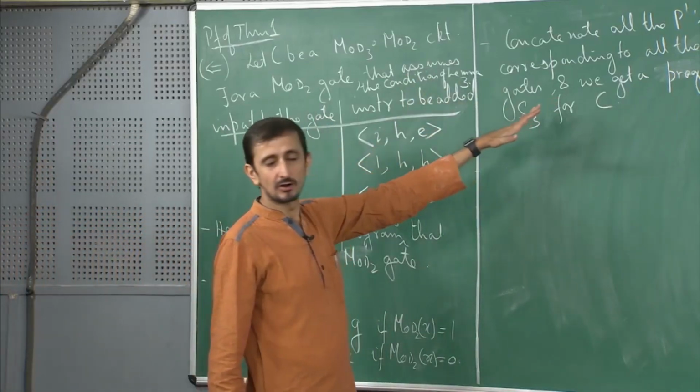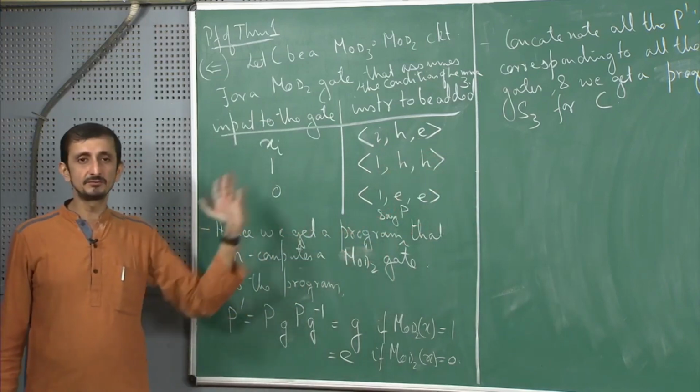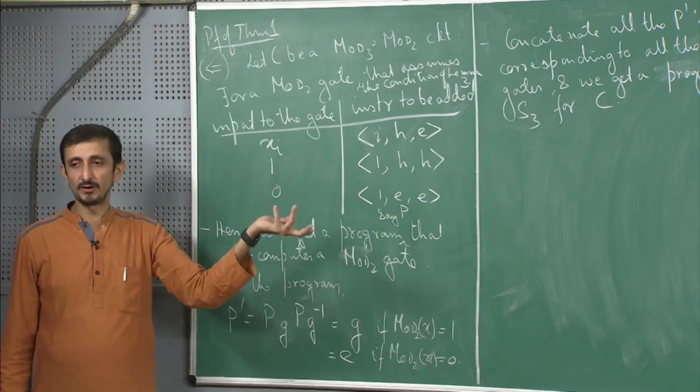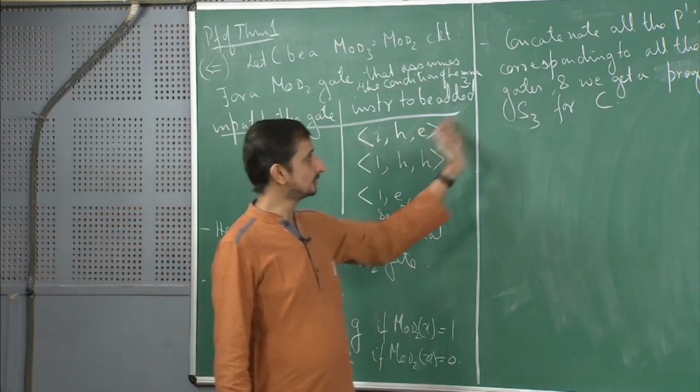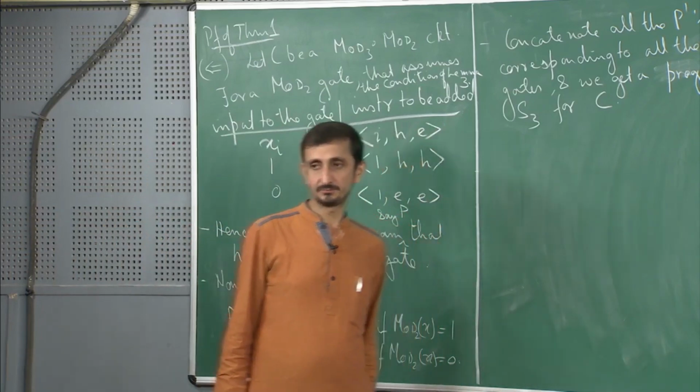Now, we just concatenate all of them. So what we know is that the number of G's that we have is either congruent to 0 or 1 mod 3. So therefore, we get the correct output. Okay.